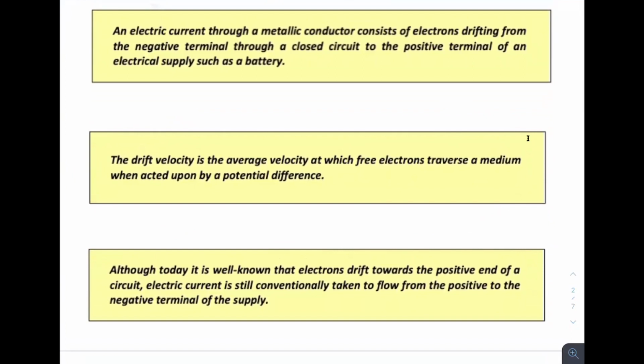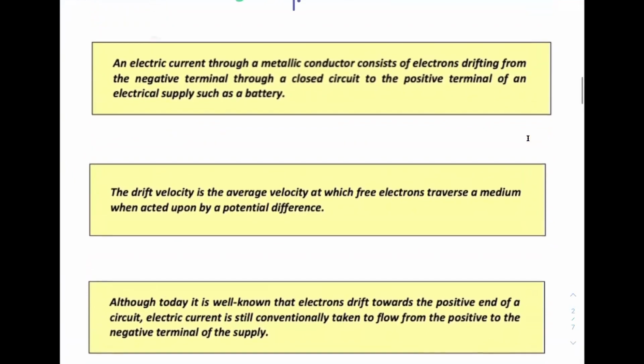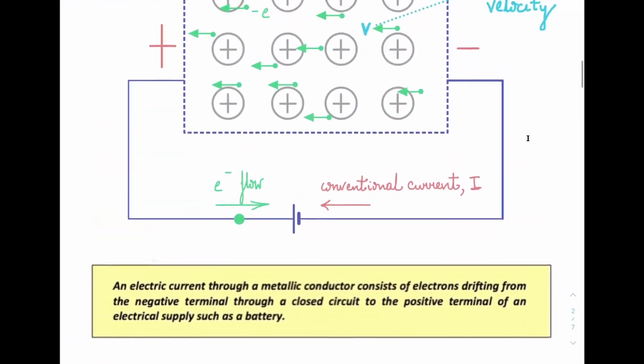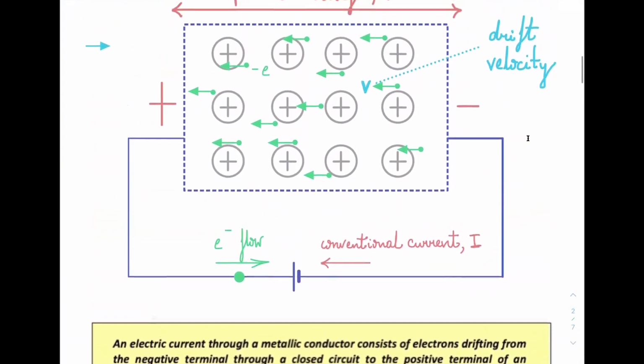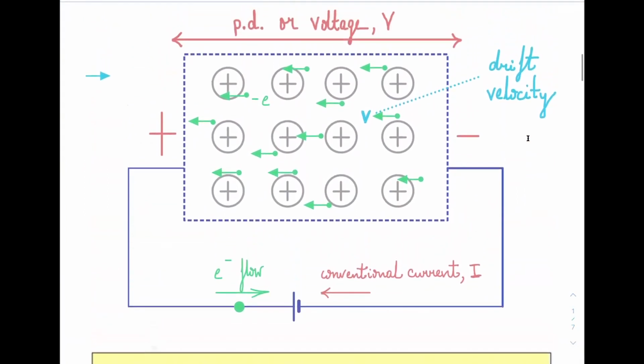Now, if we take a look again at the figure, you may have noticed that the direction of electron flow is, as we said, from the negative battery terminal towards the positive. Okay, so from here to here.